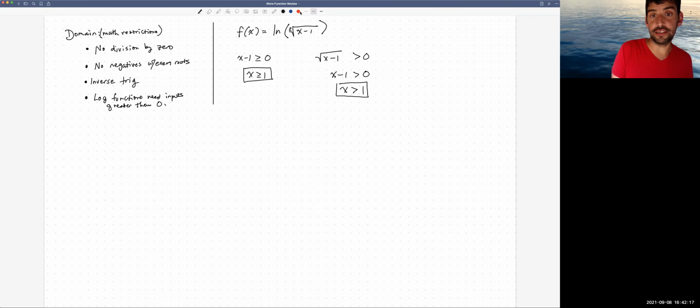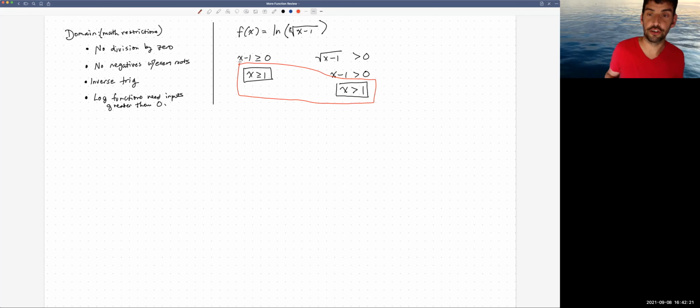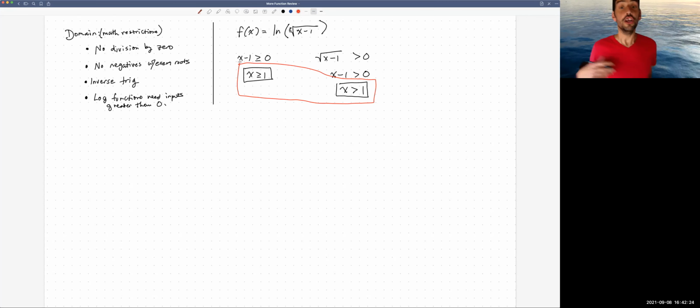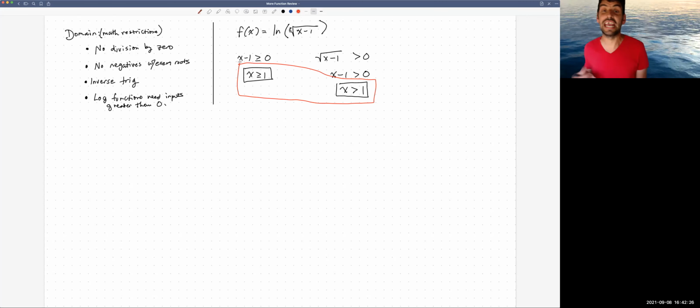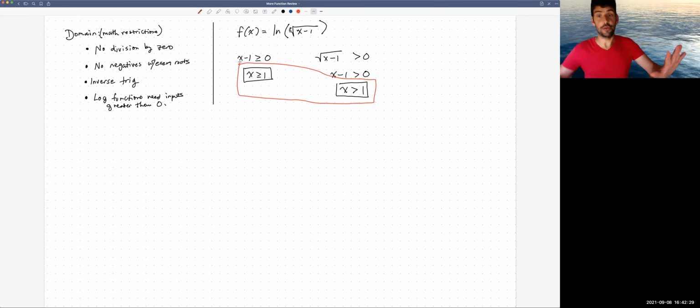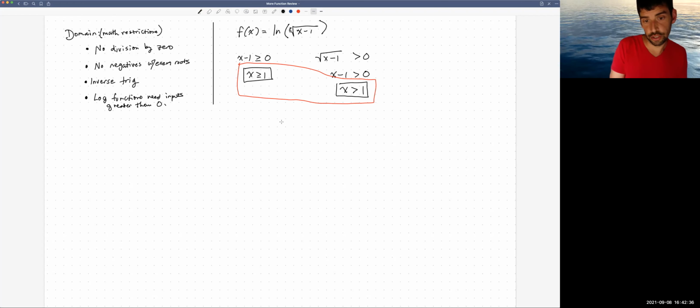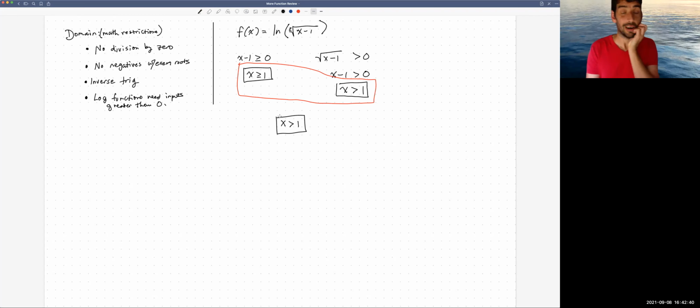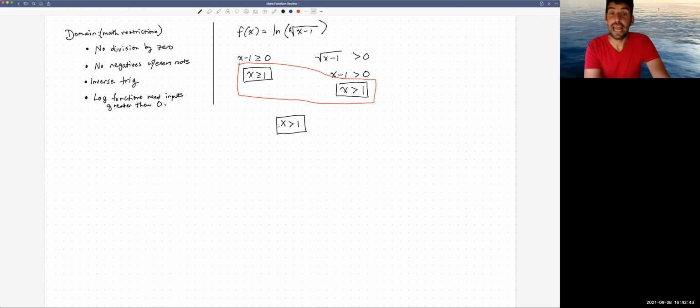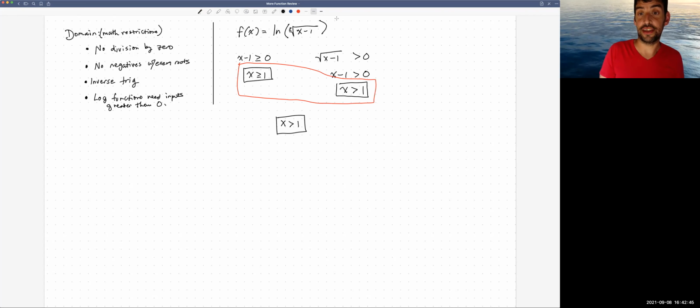So we've got two things that we need both of them to be true. It's pretty easy to see there's two things. So we need all the numbers that are greater than or equal to 1 as one condition, and we also need the numbers that are strictly greater than 1. So for both of these to be true, we need x greater than 1, right? If this isn't totally clear, any number that satisfies this also satisfies both of these, right?